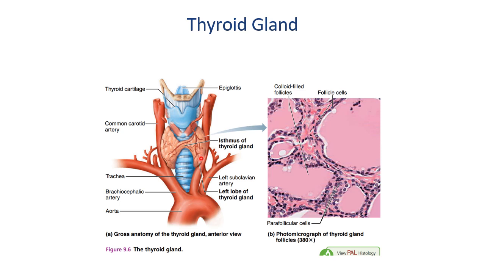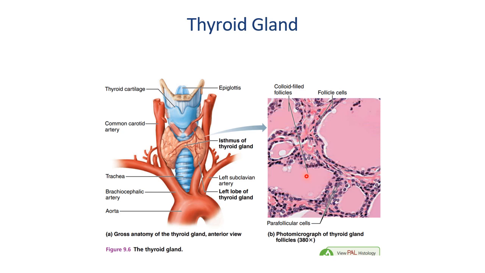Okay, so if you will take a section of the thyroid gland, you will see this under the microscope. So the thyroid cells here would be this one. And you have here a pink material or a colloid material in the middle.